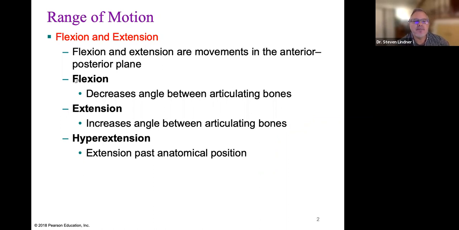Generally speaking, when you see the word flexion, it means that we're decreasing the angle between two bones. When we're talking about extension or extending, we're increasing the angle between, right? So if, let's say, here's a straight line, and let's say there's the elbow joint.